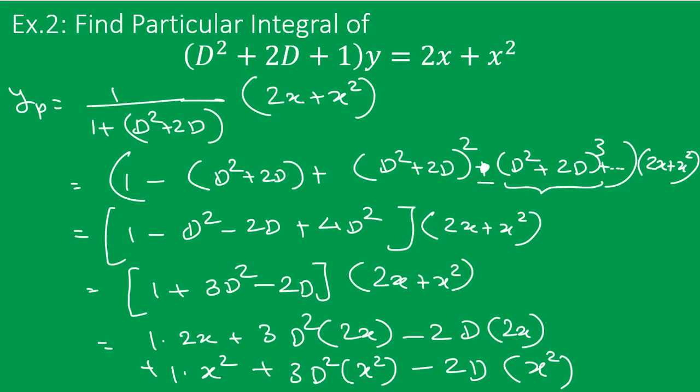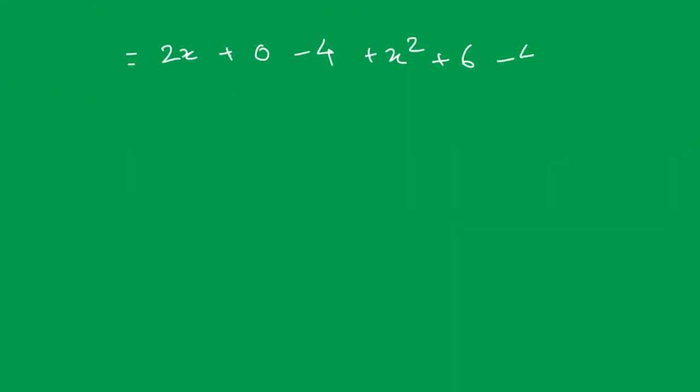Then minus 2d operates on x square, so 2 times the first derivative of x square, which is 2 times 2x, that is 4x, minus 4x. So this is our yp, which is x square minus 2x plus 2. This is how we can find yp for a polynomial function.